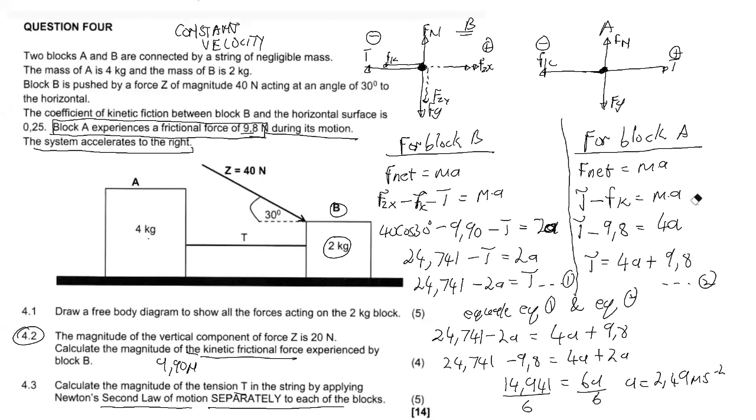But then now it's easy because we can just choose one of these equations that we have formulated. So you can choose equation 1 or equation 2 based on which one looks more simple, and then just calculate your tension. Obviously, for me, equation number 2 looks much more simple. So I'll just say T is equals to 4, and then in the place of A, I substitute the 2.49.